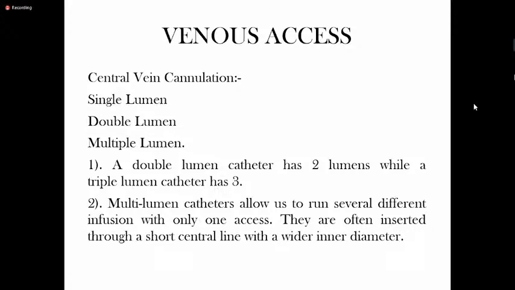So that access goes into the vein, and outside we have 2 or 3 doors through which we can push the materials. They are often inserted as a short central line with wide inner diameter.